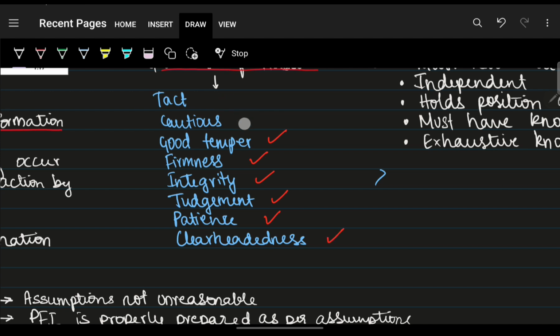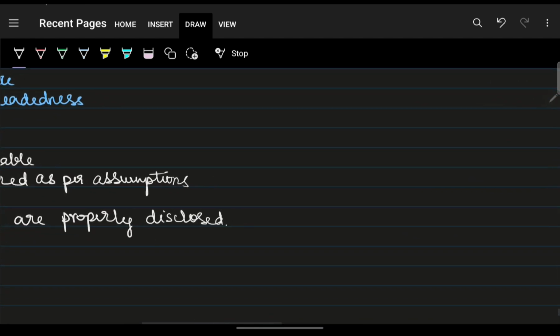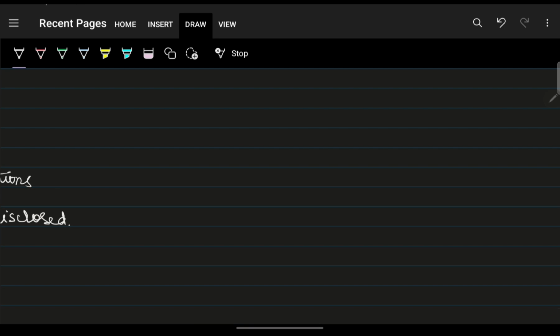So basically, when you're accounting, you should be tactful and cautious. You should have a good temper, firmness, integrity, judgment, patience, and clear-headedness. Let's try to memorize it.